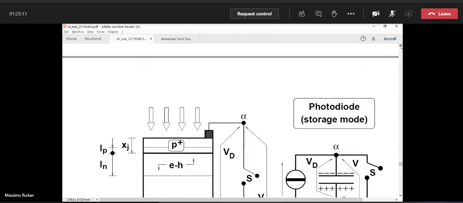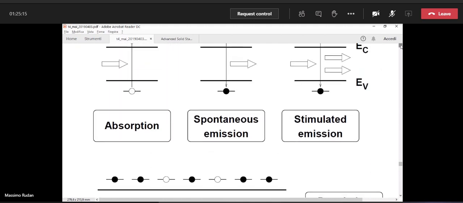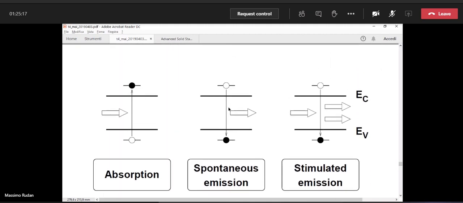The easy way for creating an optical sensor is simply using a uniform piece of semiconductor.